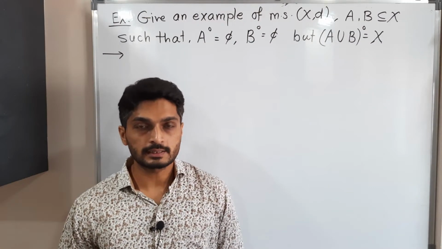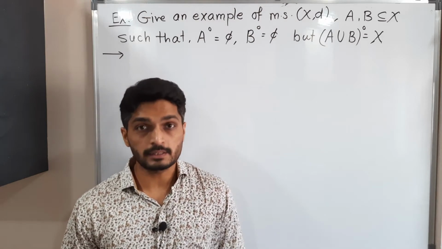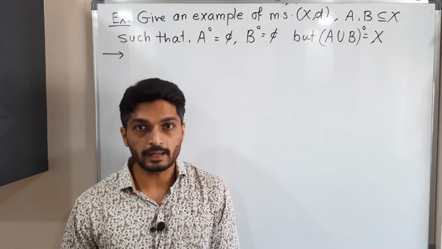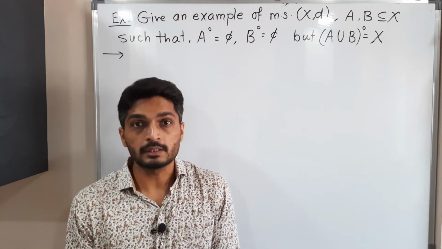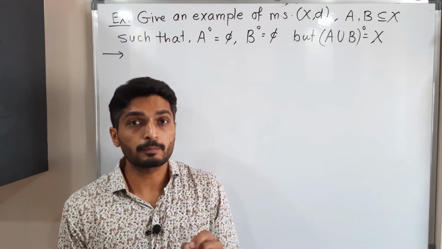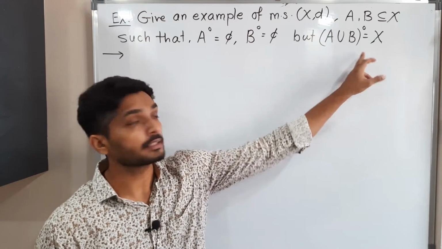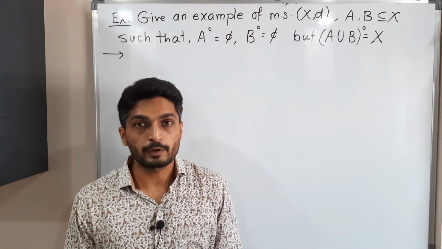Let us discuss this example. In this example, they are asking for a metric space (X, d) which has two sets A and B, such that the set of interior points of A and of B is the empty set phi. But if you take the set of interior points of the union, then that is nothing but the entire metric space X. So such examples we have to find here.